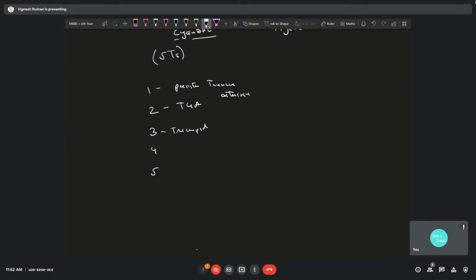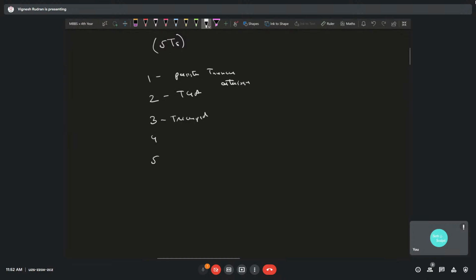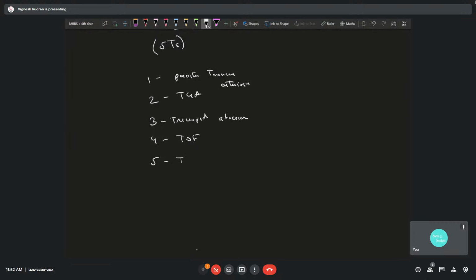Second is a problem in two vessels, your great vessels, your pulmonary artery and your aorta, that is your TGA, transposition of great vessels. Third is tricuspid atresia. Then four is your tetralogy of Fallot, and five is total anomalous pulmonary venous return.